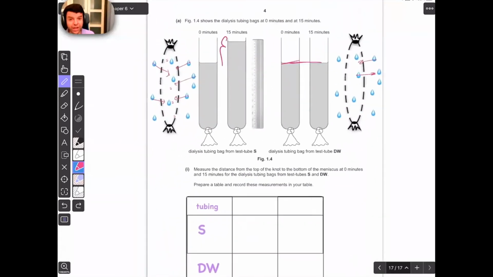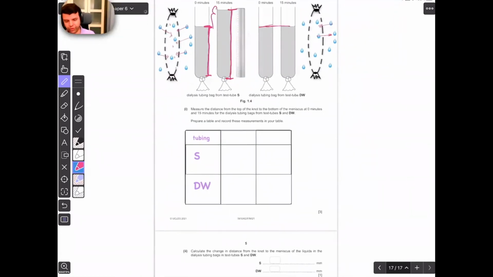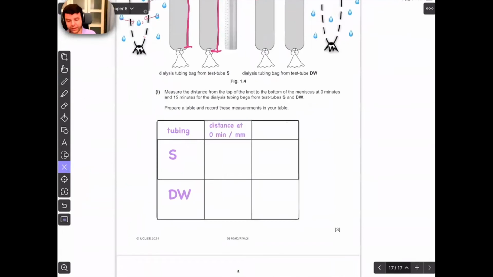Then we made measurements with your ruler. Make a measurement from here all the way to the end, and make another measurement here, all right? So the first measurement for 0 minutes, for here and here, it's nearly 10 millimeters, all right? Same would apply for the other bag.